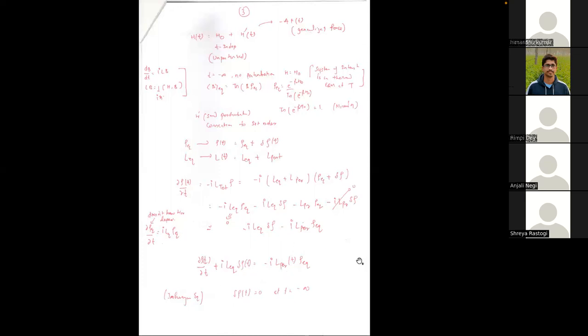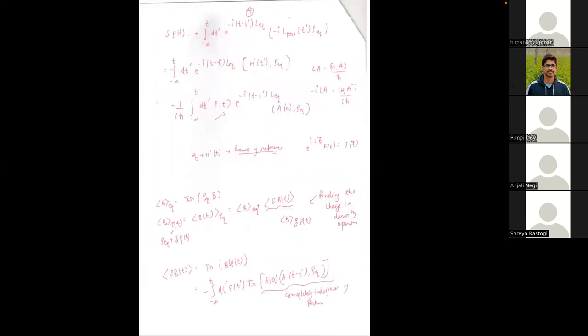Now this is, in mathematics, a partial differential equation. Sorry, if you solve this differential equation, we have a homogeneous differential equation, and there is a proper solution to it, so you can look at it. I have only written the result after the derivation. Only one condition is needed: the change in the density operator at t equal to minus infinity will be 0. You put this condition, and then you can solve this differential equation.